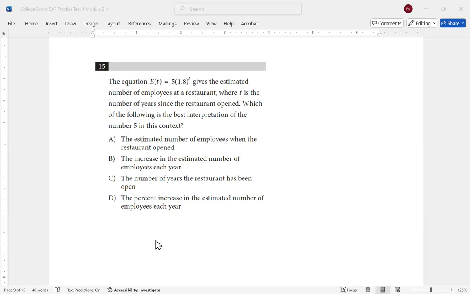And if you plug in a value of 0, you end up getting 5 times 1.8 raised to the 0th power, which is 5.